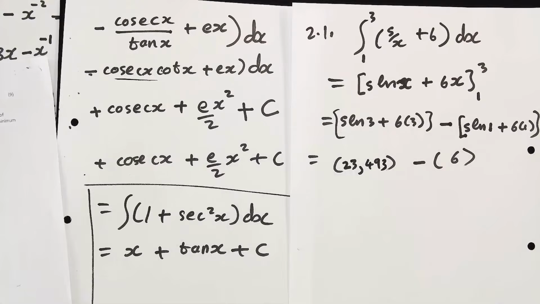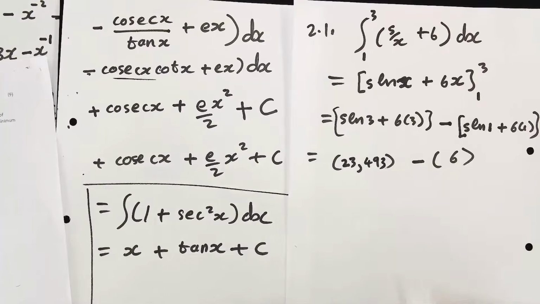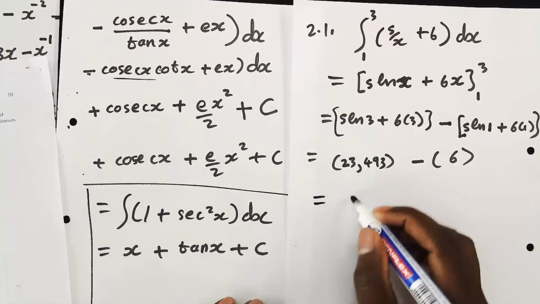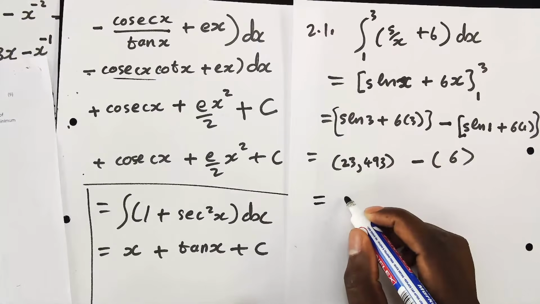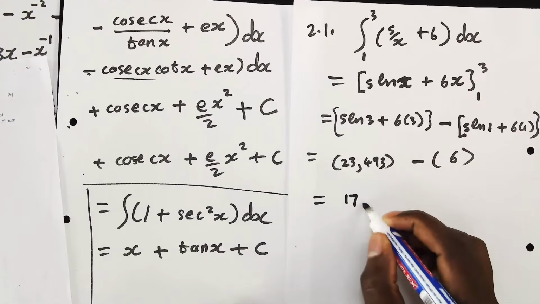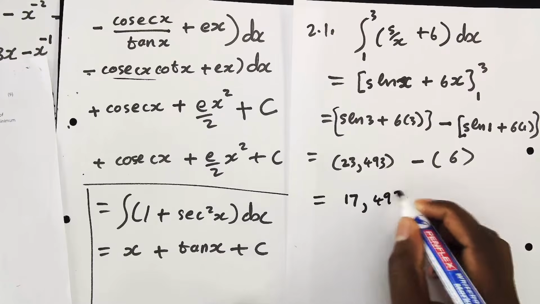So the first term is 23.493, therefore the other one is 6, because ln of 1 is 0 times 5, 0. So we can raise e to the power of 0 to get 1. So you can subtract now, and you're getting 17.493.